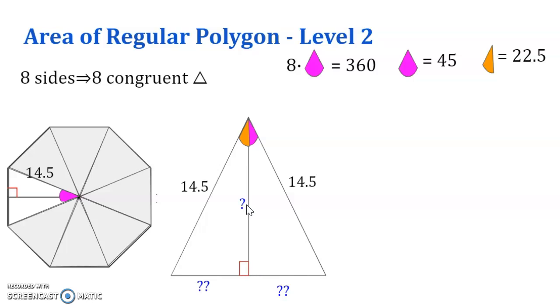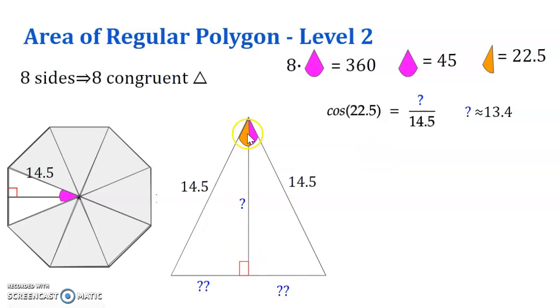So, which is the trig function that deals with adjacent and hypotenuse? That's cosine. So we can set up the equation as cosine of 22.5 degrees is adjacent over hypotenuse, which is question mark length, divided by hypotenuse 14.5. And using the calculator, multiplying both sides by 14.5, that gives us that question mark length to be 13.4 approximately.